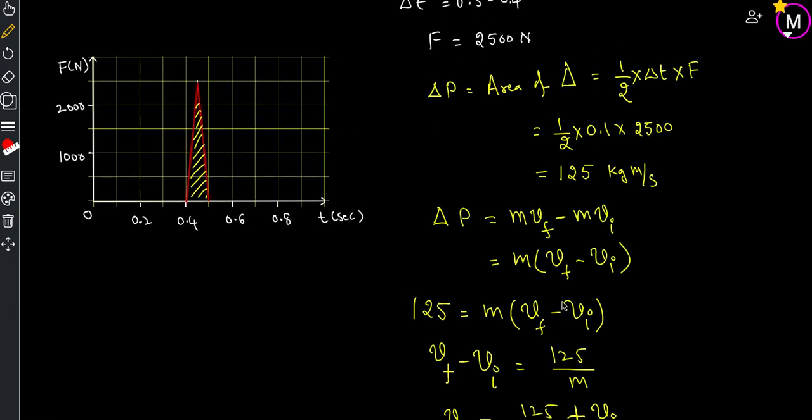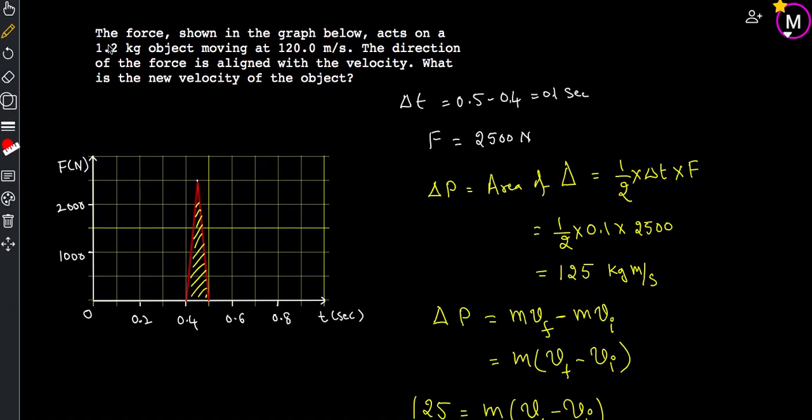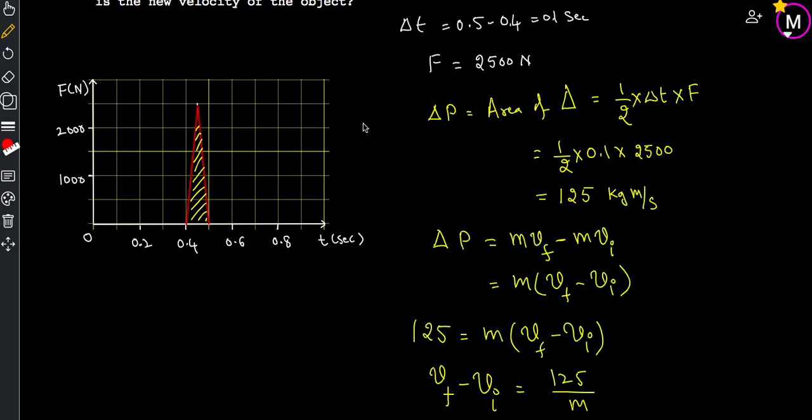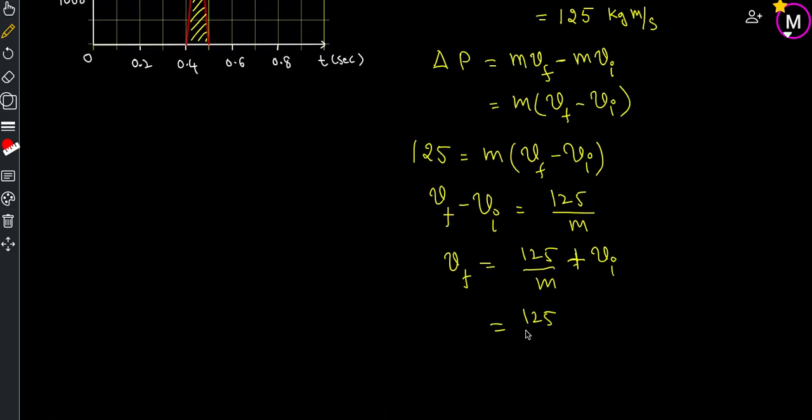125, and the mass is given in the problem as 1.2 kilogram, and the initial velocity is 120 meters per second. So this is 125 over 1.2 kilogram plus 120.